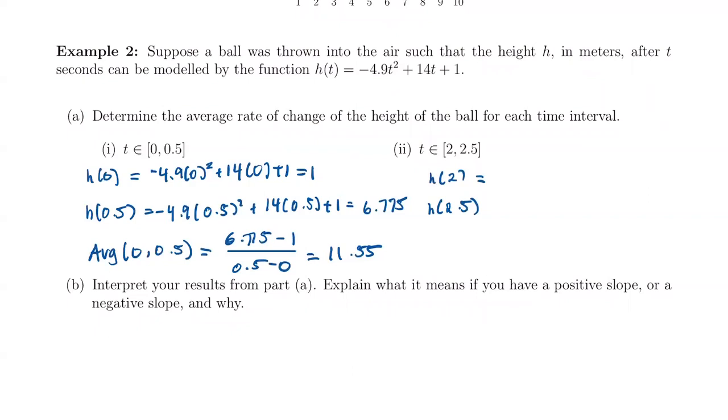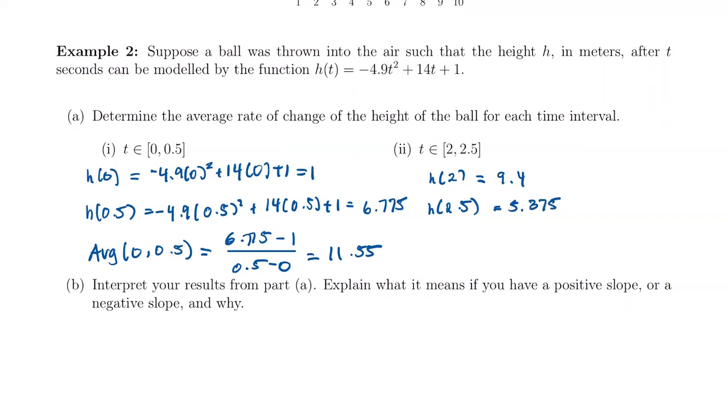So now let's just say that we put them in automatically, and we would get a result of 9.4 for h of 2, and then 5.375 for 2.5.